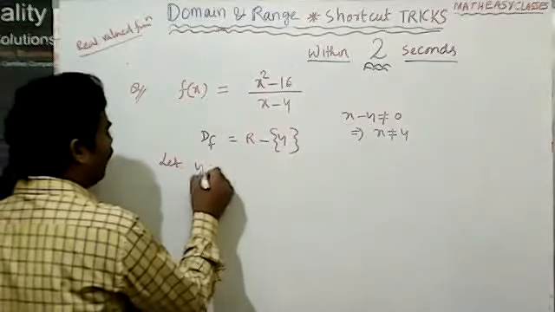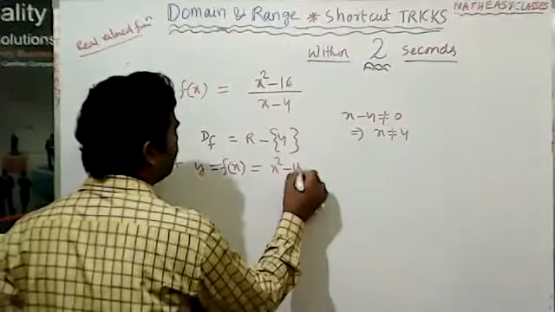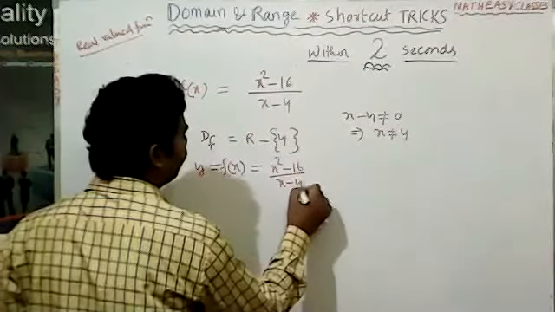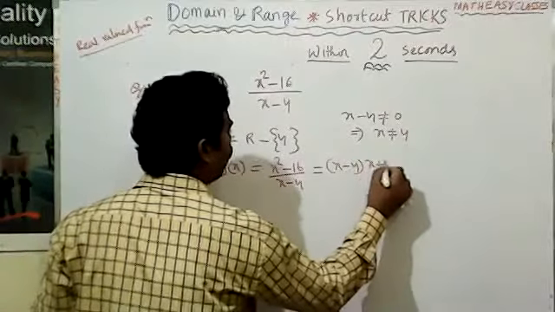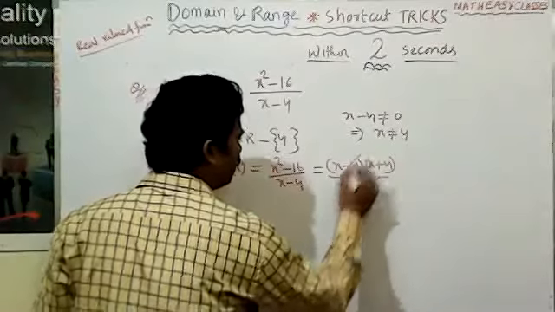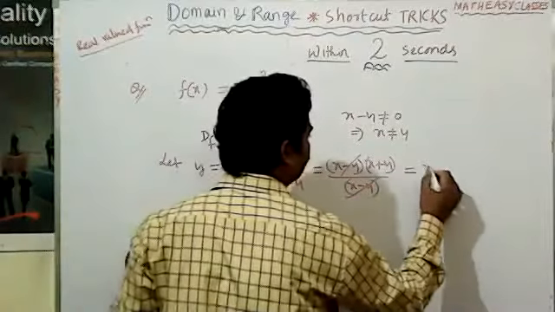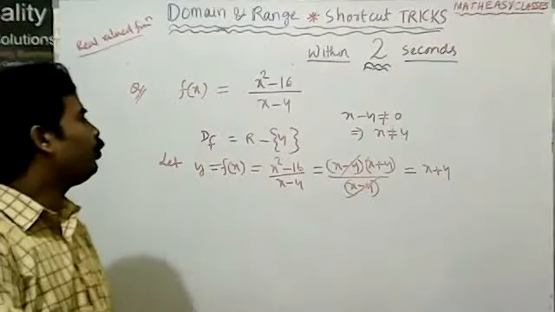Let's take y is equal to f of x is equal to x square minus 16 by x minus 4, means (x minus 4) into (x plus 4). Now cancel it, that is x minus 4 comes. After that x plus 4 comes. Means here x cannot be 4.